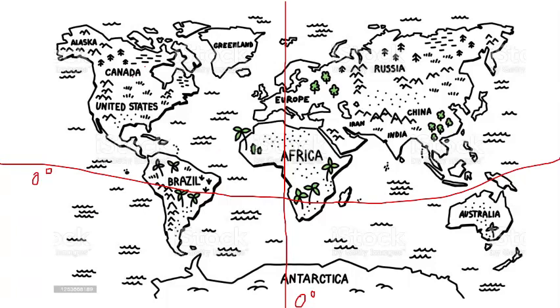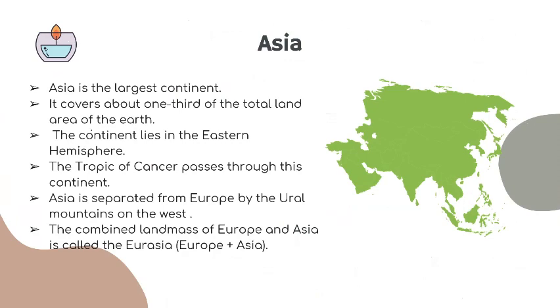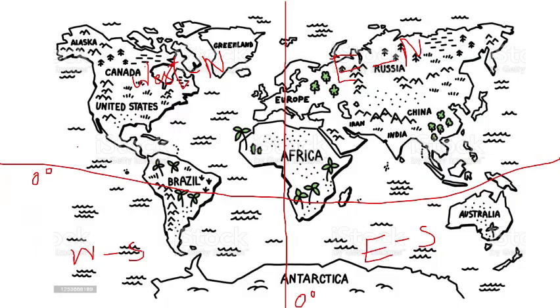So this is the west and north part. This is east and north. This is west and south. This is east and south. So it is in the eastern hemisphere and in the northern hemisphere. The continent lies in the eastern hemisphere.